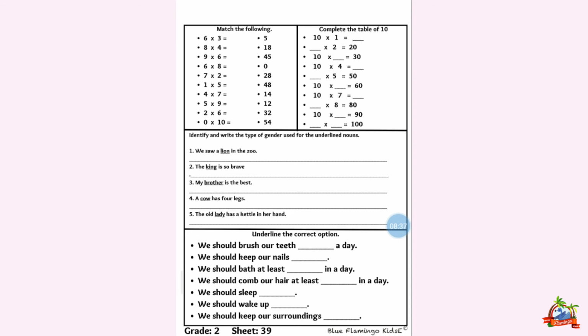Masculine. So on this basis what you will do is, first of all you will read the sentence, you will see the underlined noun. Underlined noun को आप देखेंगे, समझेंगे वो कौन सा gender है, and then only you will write the type, if the gender is masculine or feminine.